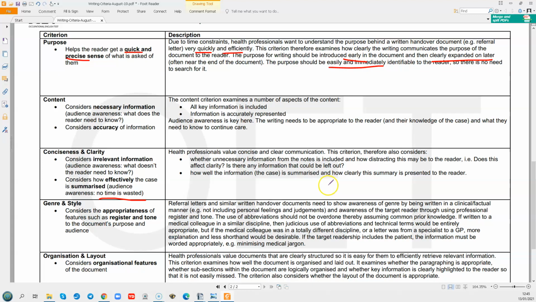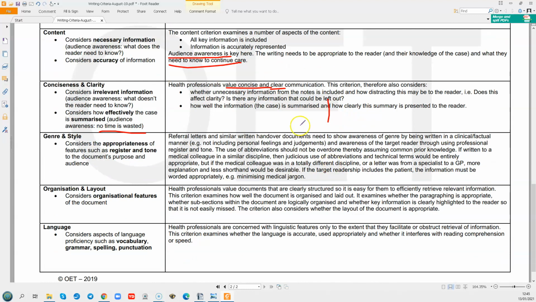So that audience part, okay, audience awareness is key, as I said. Do they need to know all those medical details? Probably not. How well do you summarize it? As it says here, all these key words, again, quickly, efficiently, clearly, concisely, not wasting time, etc. And this is genre and style.